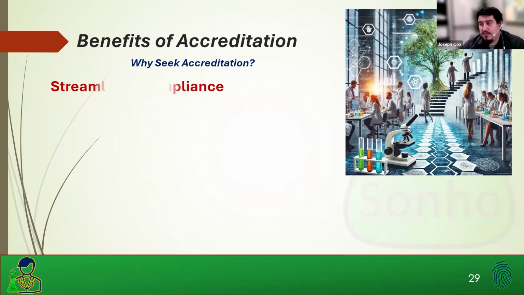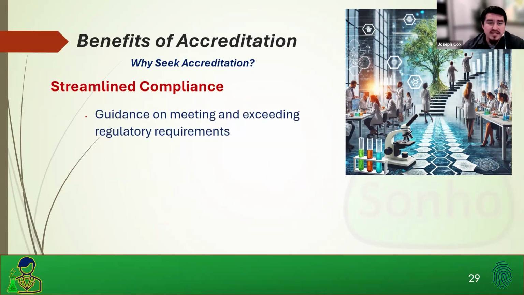It allows for streamlined compliance. What that means is guidance on meeting and exceeding the regulatory requirements, as well as support for inspections and audits. Oftentimes, these accreditation bodies have specific primers, white papers, accreditation manuals, validation manuals, all kinds of things to help you make it through inspections.